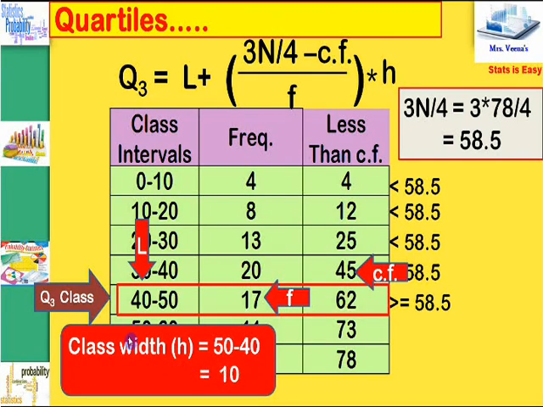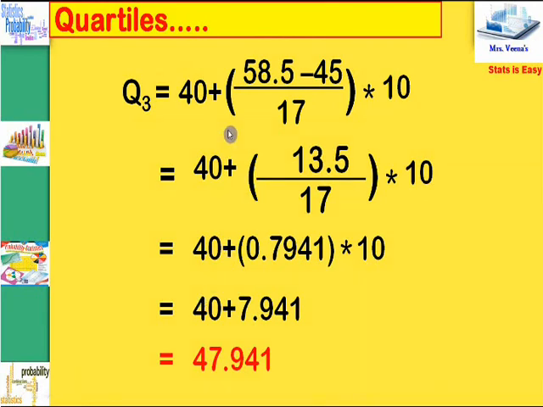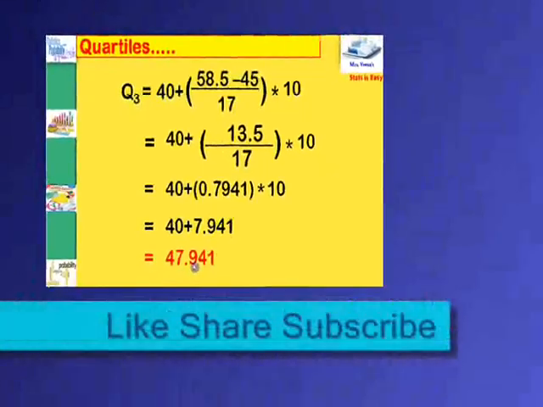Now substitute all these numbers in the formula. 40 plus (58.5 minus 45) divided by 17 into 10. Subtraction is 13.5, divided by 17 is 0.7941, into 10 is 7.941. Addition is 47.941. Q3 is 47.941.